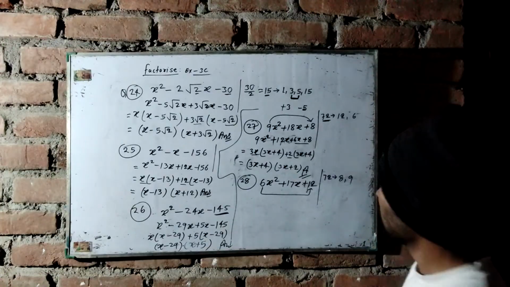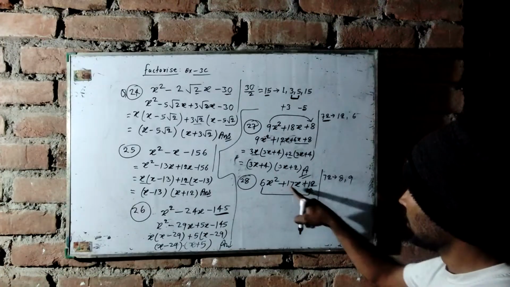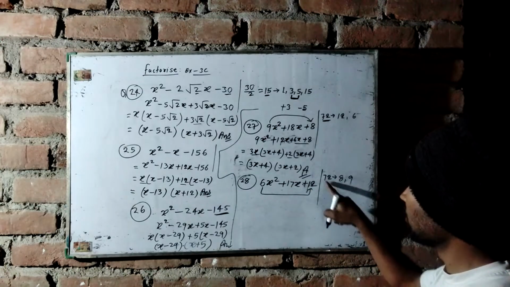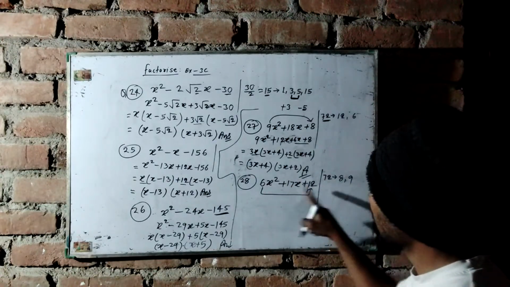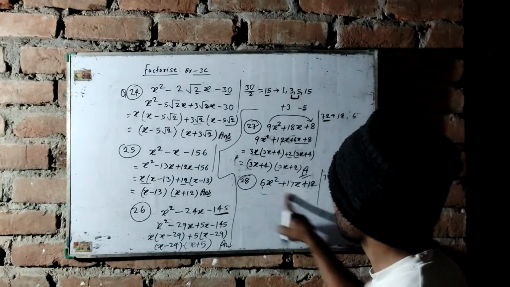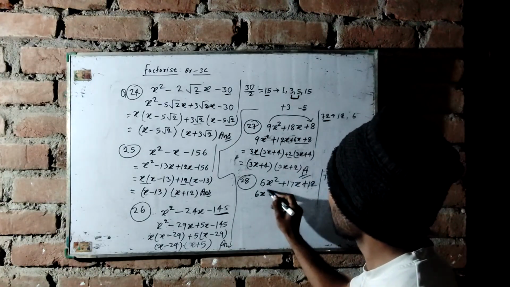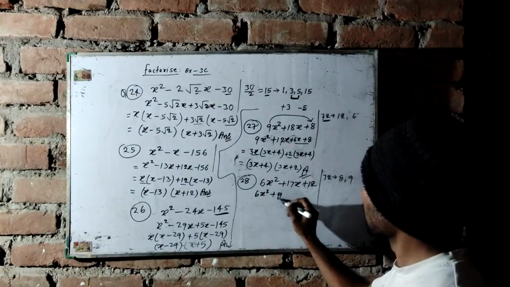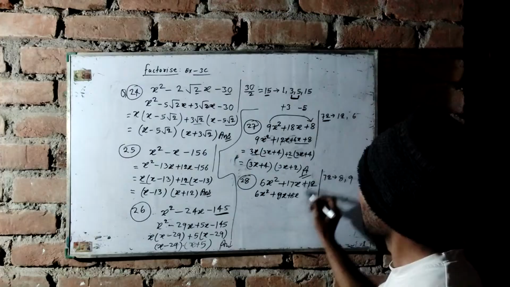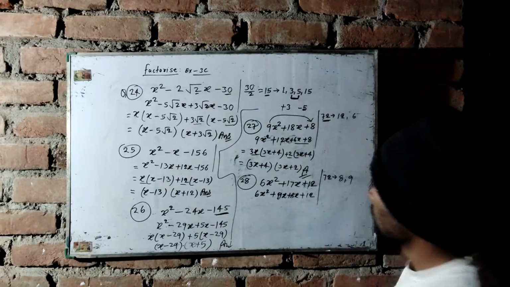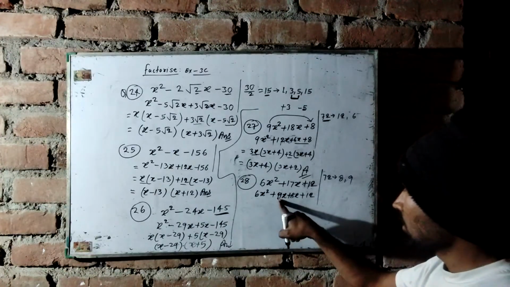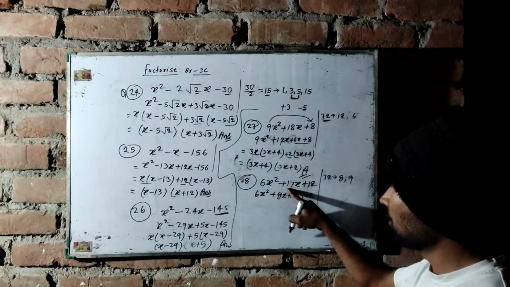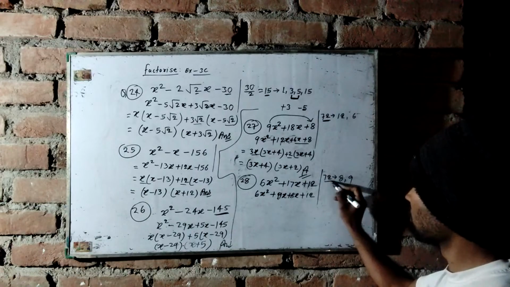8 and 9, whose sum will be 17 and their product will be 72. So this polynomial can be written as 6x squared plus 17x, which can be written as 9x plus 8x, and plus 12 as it is, because 9x and 8x give 17x, because their sum will be plus 17x and their product will be plus 72.